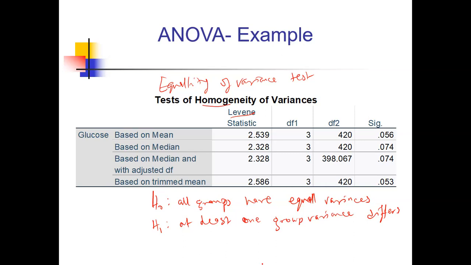But if all the groups have just about the same variances, Levene's test will pass. If you meet the test of equality of variance, the test of homogeneity of variance, then your result carries through. If the test is not met, your result is not going to be correct. But there is a correction for that, which was built into SPSS, and we're going to look at that correction as we go down.